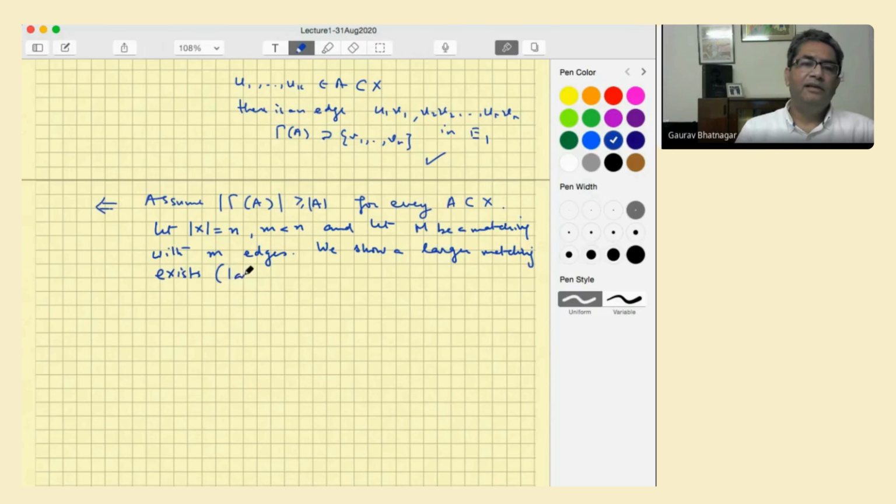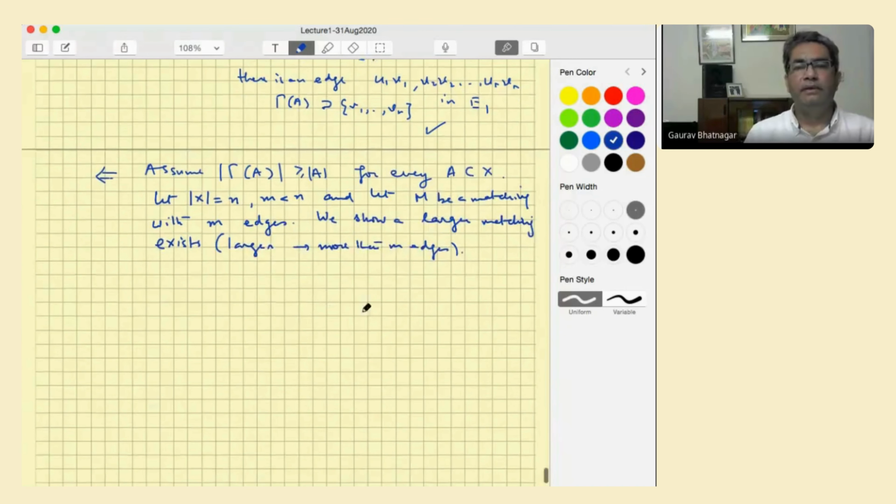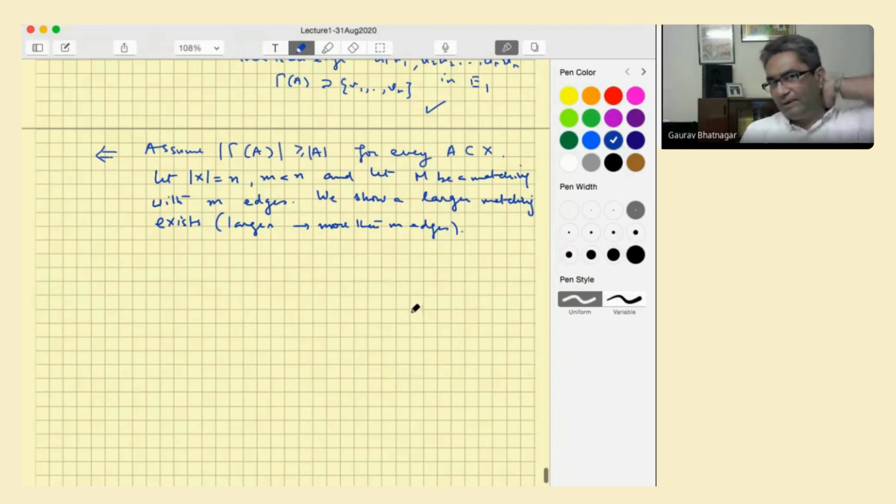Larger of course means with more than m edges. Okay, so it's constructive. You start with some matching, and if its size is not equal to n, then we have to have one bigger one. That's all.